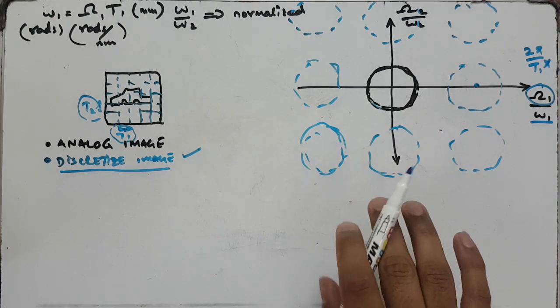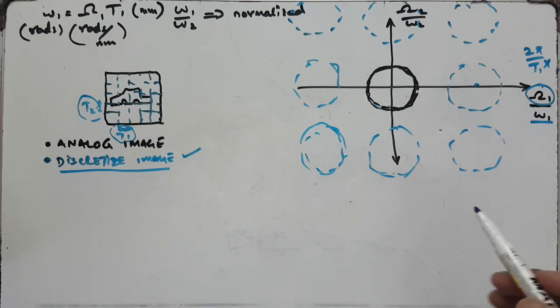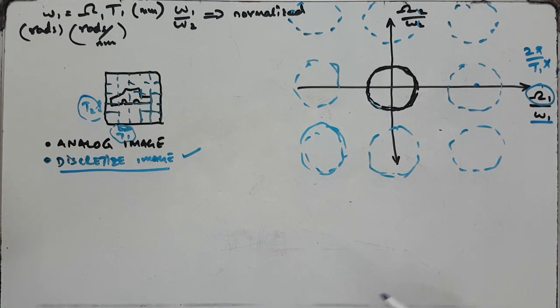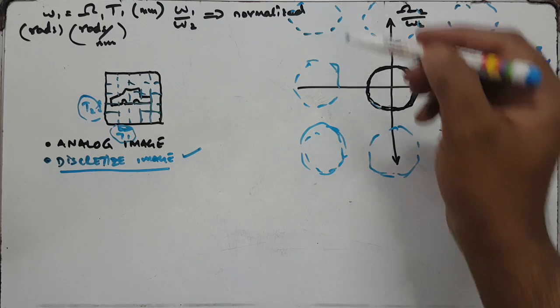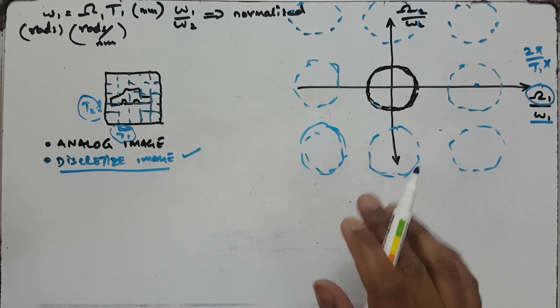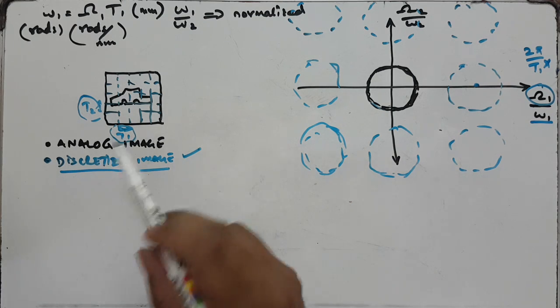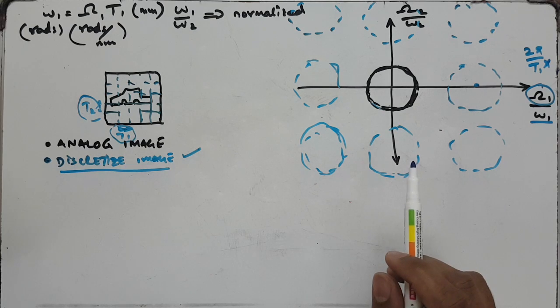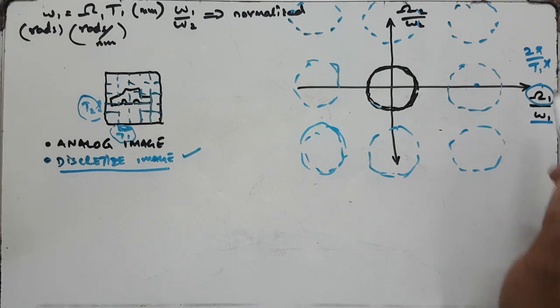And if we just, for instance, imagine this as an image, what happens if we sample it? So again, what happens in the spatial domain if we sample the Fourier transform of the discrete image? This is the Fourier transform of the discrete image.